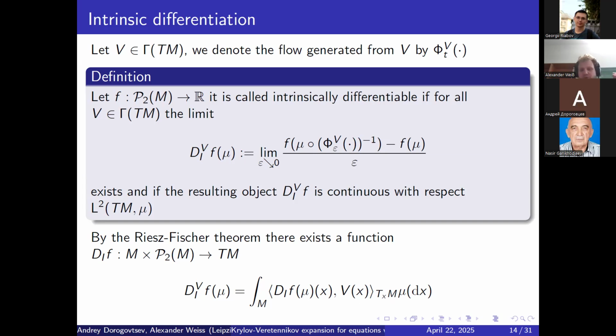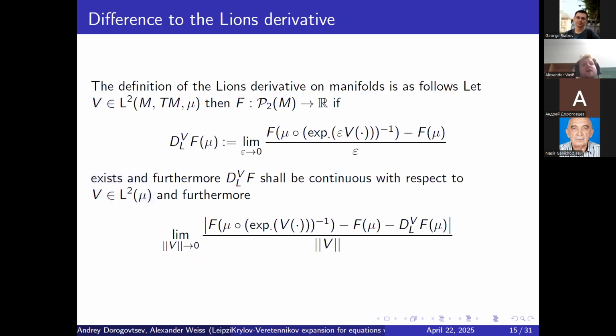If you maybe remember other talks in the seminar, also given by me, this is a different notion for differentiation of Wasserstein functionals than we usually do, which would be the Lions differentiation. And I would like to quickly emphasize differences of these two notions.